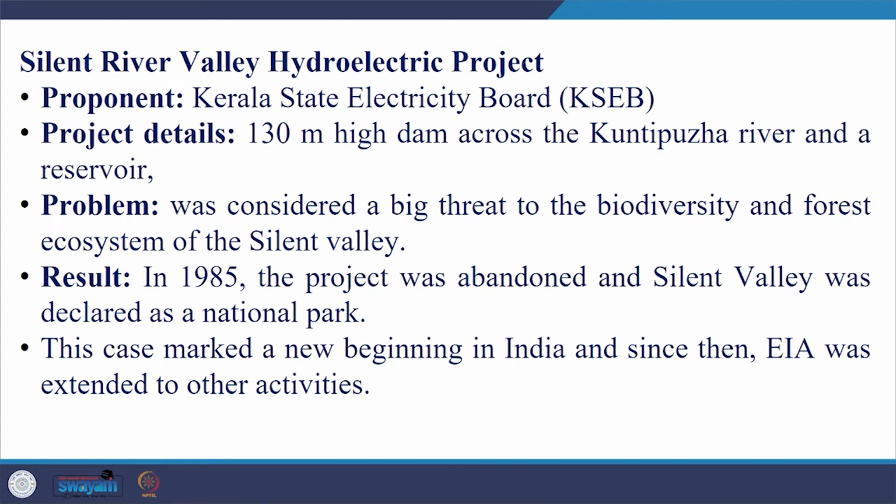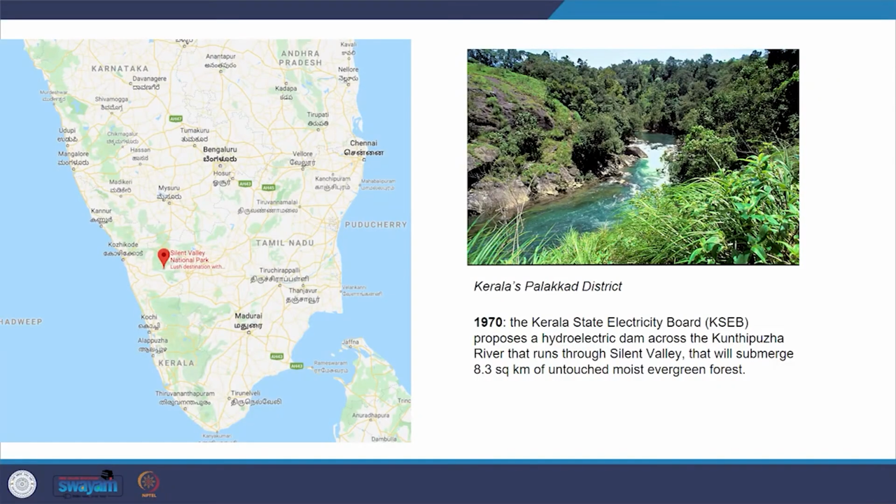This case marked a new beginning in India, and since then EIA was extended to other activities also, and was also extended to larger public sector projects requiring public investment board clearance. This was a key case, like I said before, so we're going to spend a few moments on this one.